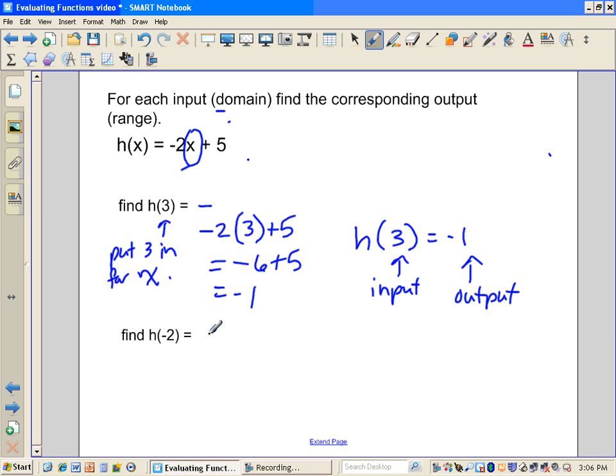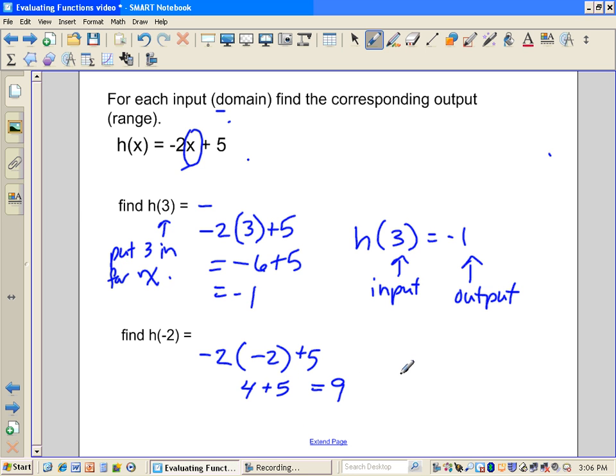Now I'm going to find h of negative 2. Same thing, I'm going to put negative 2 in for this x. So it's going to be negative 2 times negative 2. So this negative 2 is from the function, and then this negative 2 is my input, plus 5. Negative 2 times negative 2 is positive 4, plus 5.